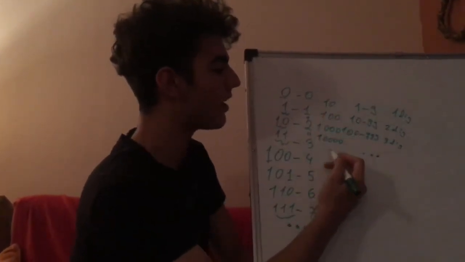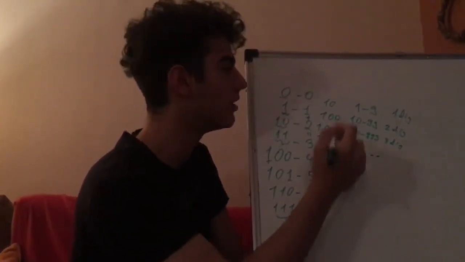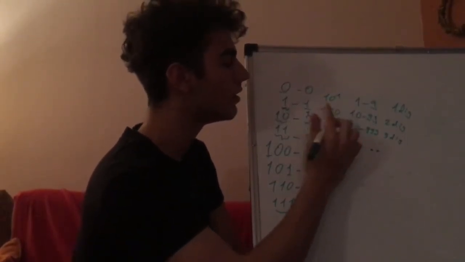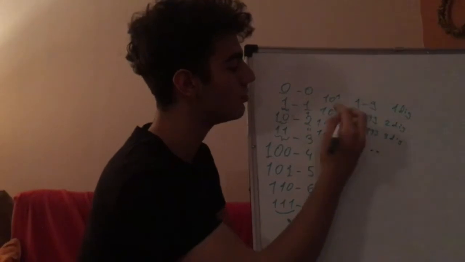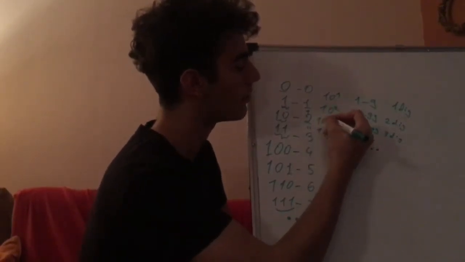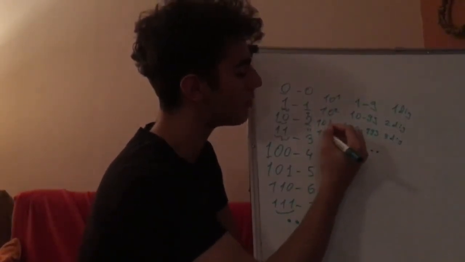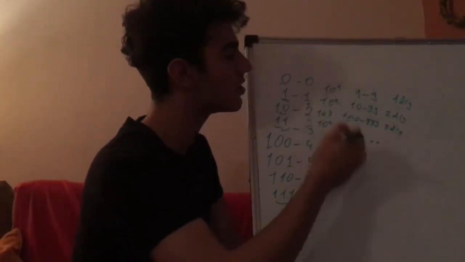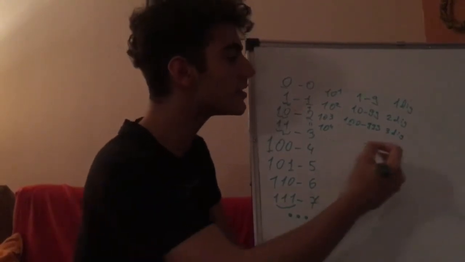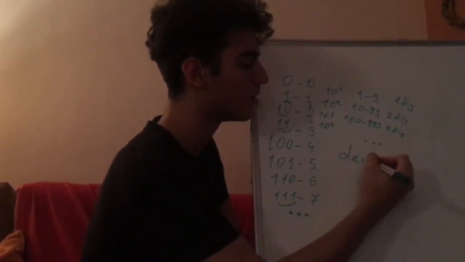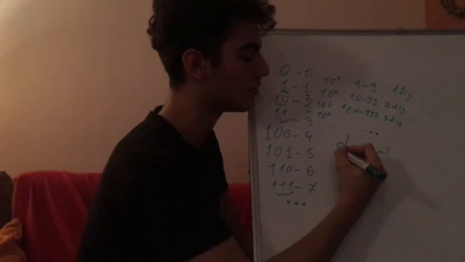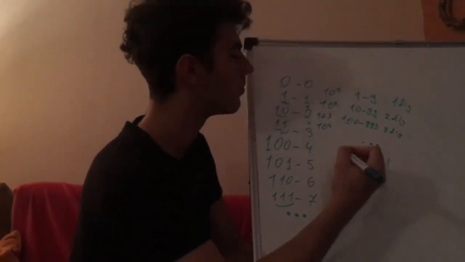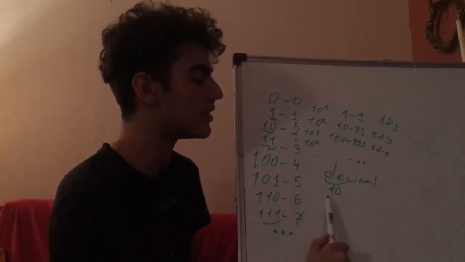So do you see a pattern here? I do. This goes 10 with the power of 1, then 10 with the power of 2, 10 with the power of 3, and furthermore 10 with the power of 4. This goes on and on. So this is the decimal system. Deci means 10 in Spanish, probably.